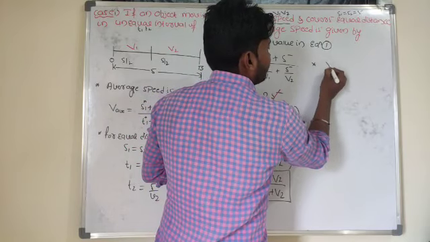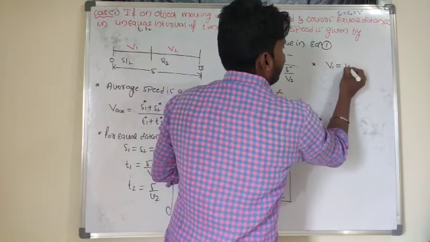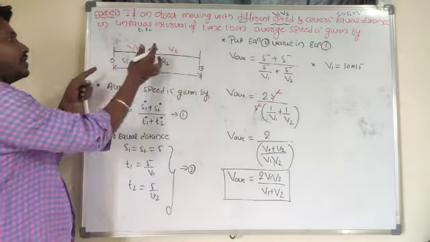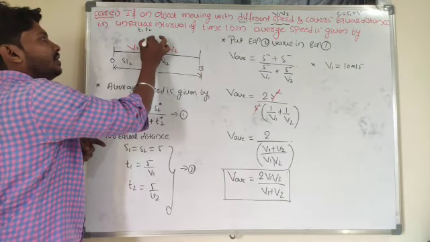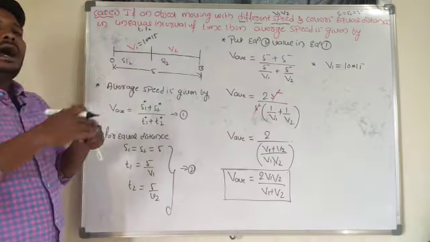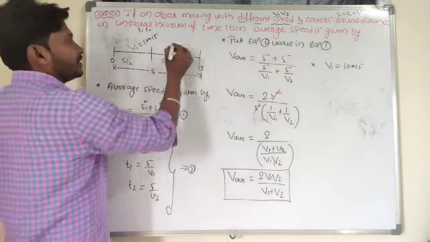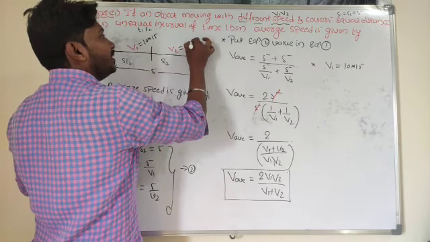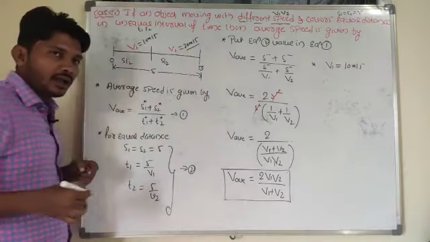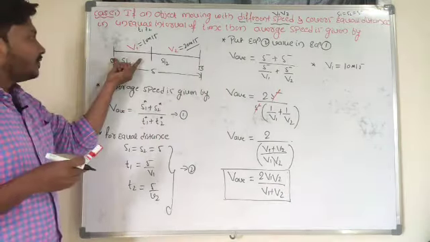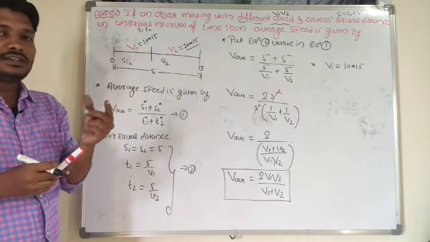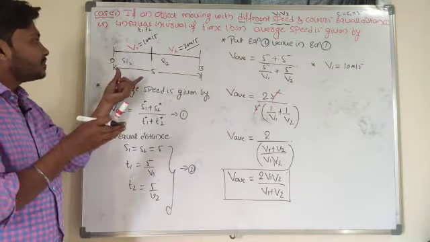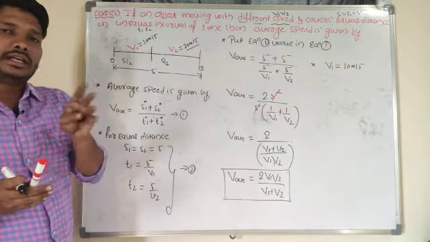If an object is moving with a speed of 10 meters per second in the first half of the journey, and the second half of the distance is covered with a speed of 20 meters per second. So the first half of the distance and the second half of the distance are mentioned. The total distance is S, the first half is S by 2, and the second half is S by 2 again.